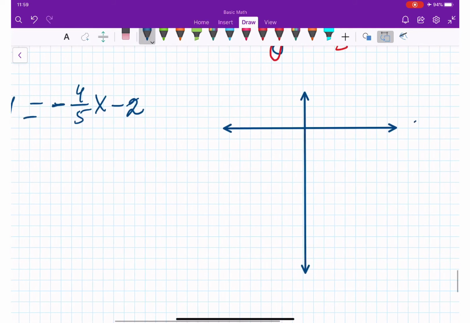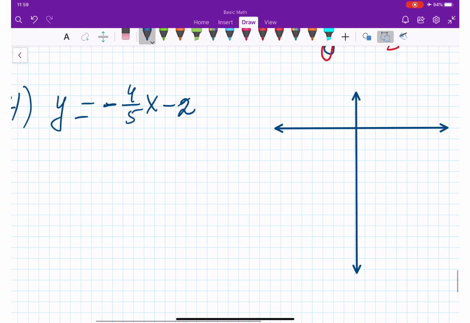So, first step, we always start with our b, which is the y-intercept, 0, negative 2. This is step 1.